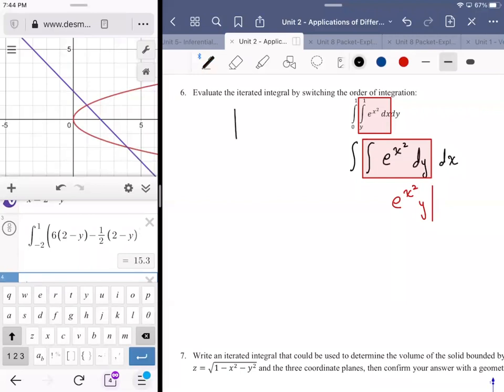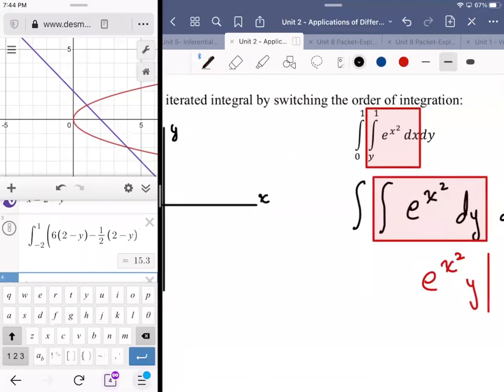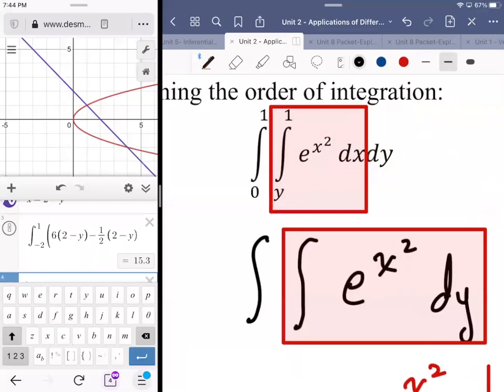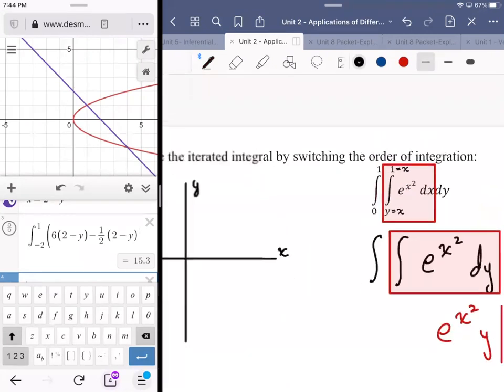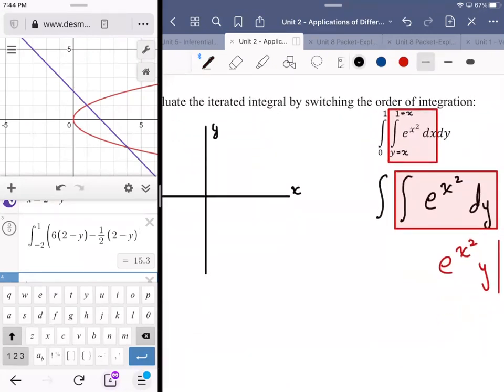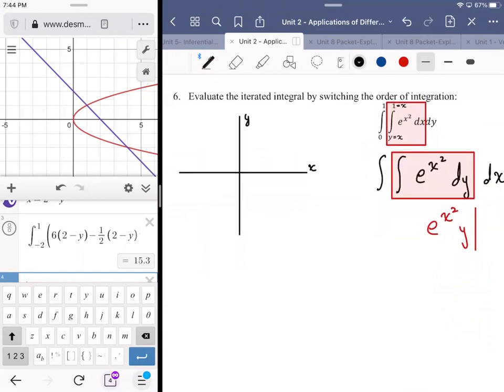Right? So I'm going to draw an XY plane. The original bounds were in the form of x equals y. Now, as I wrote it, it kind of looks an awful lot like y equals x, which should be easy enough to graph.